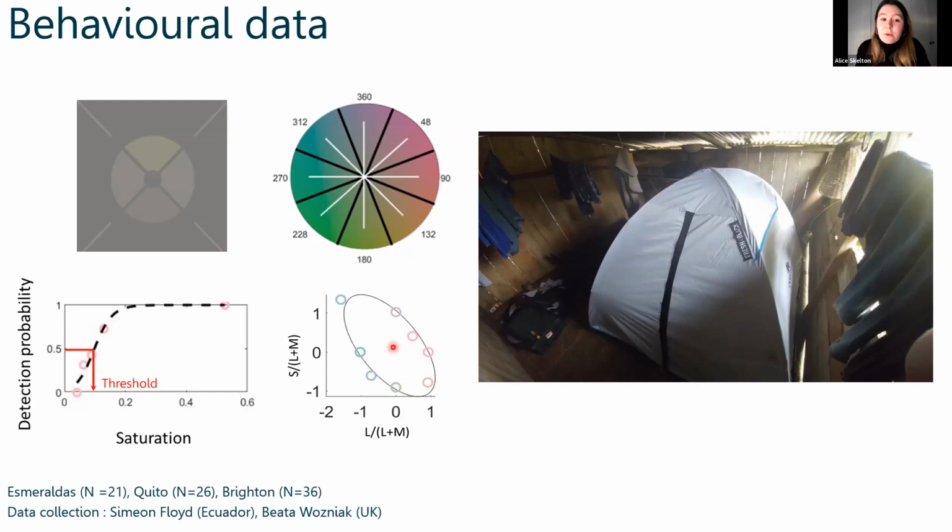And then again, the further away a point is from the center of this ellipse, the more saturated that color needs to be for participants to reliably detect it. And participants do this on a color calibrated iPad, and they do it in this blackout tent, and that's across all 3 of our environments, so both sites in Ecuador and in the UK.